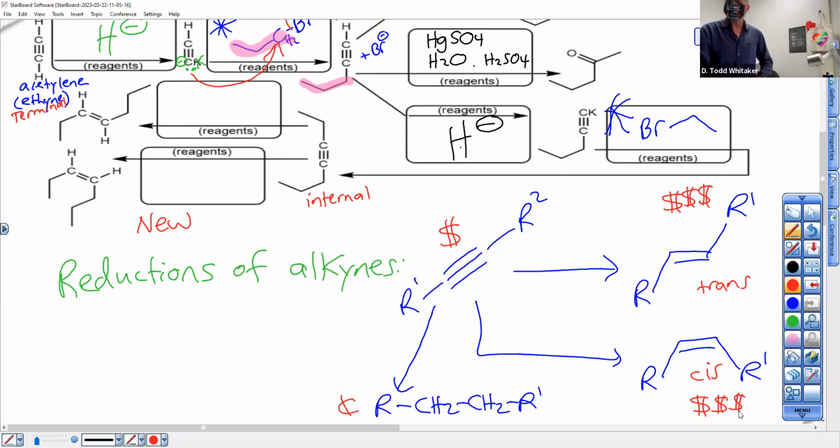You had to do some synthesis to get there. That's $1. Alkanes, we literally dig out of the ground. Let's not make them. They're already found in the ground. It's called crude oil. Okay? So please don't use useful molecules to make them into stuff that we can dig out of the ground.